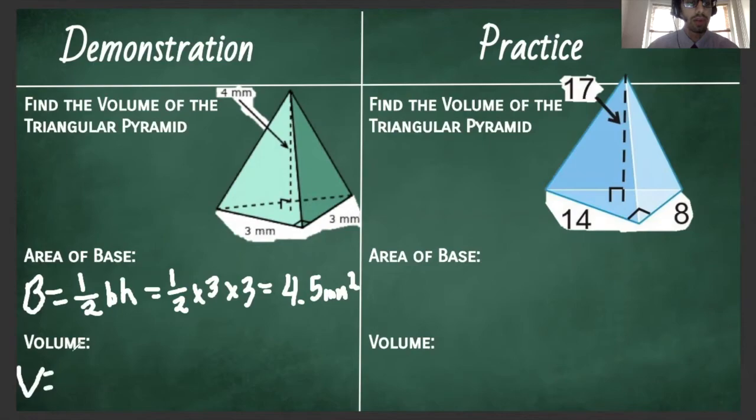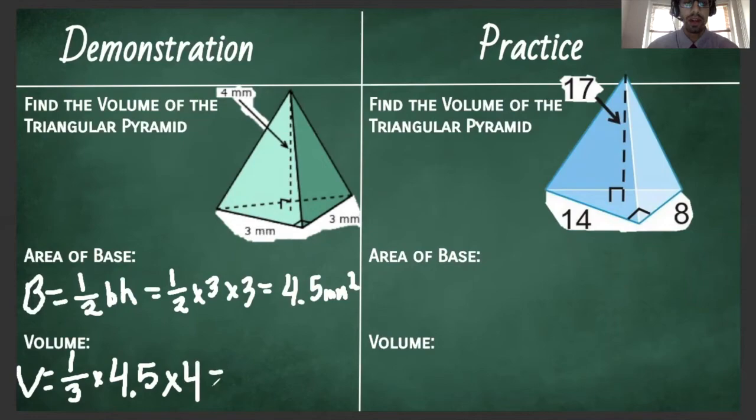Now we can solve for volume. My volume formula is just 1/3 times the area of the base, which we just determined to be 4.5. And then what are we going to multiply it by? Yeah, the height of the pyramid. And in this case, what's the height of the pyramid? 4.